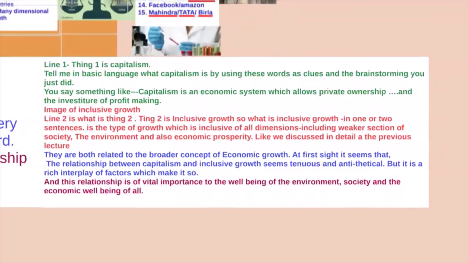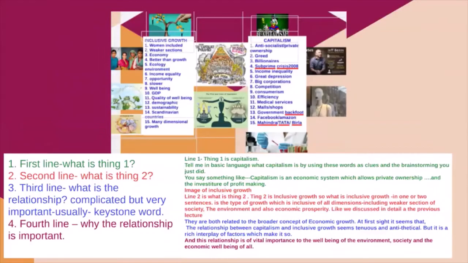Now, just to recap what we've been doing all this while, so far we've gotten a little bit ahead and we have started to understand the SL code technique. It's basically very simple. You see the essay topic, you break it up into thing one and thing two. You find the relationship between them, which is the heart of the essay.